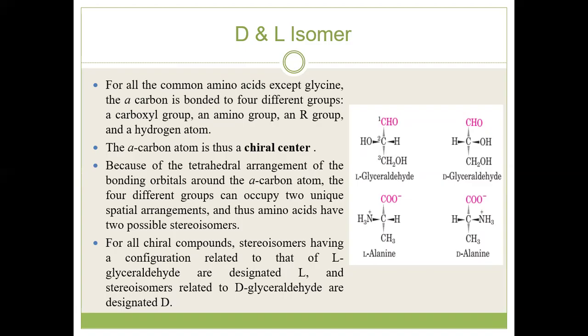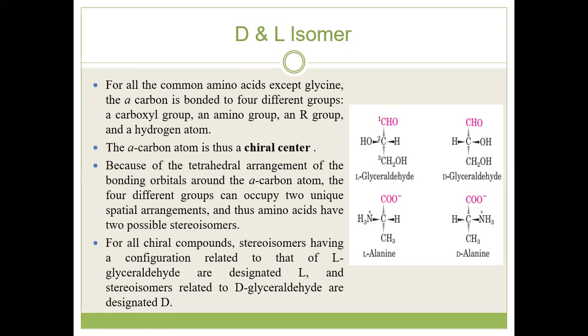So the same thing in the case of amino acid, we can have the D isomer and the L isomer. Naturally, amino acids, unlike carbohydrates, if you can remember, in the case of monosaccharides, we said naturally occurring monosaccharides exist in the form of D isomers.